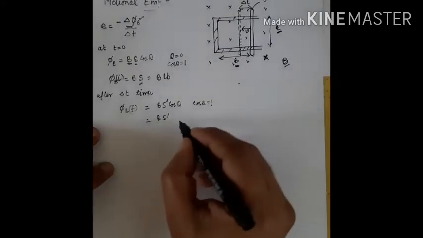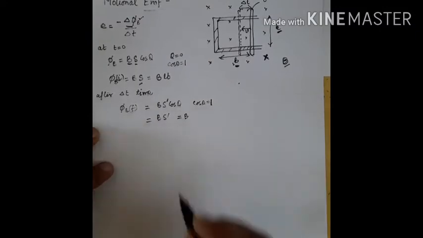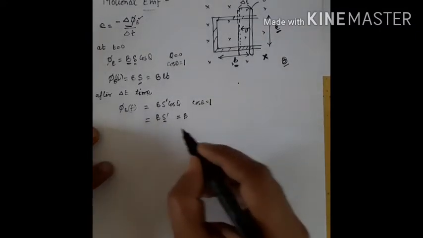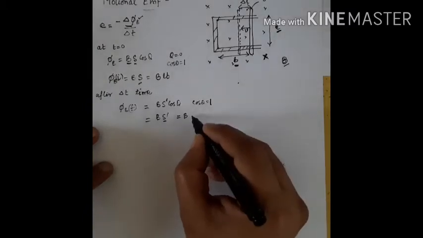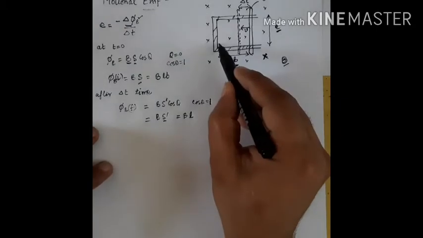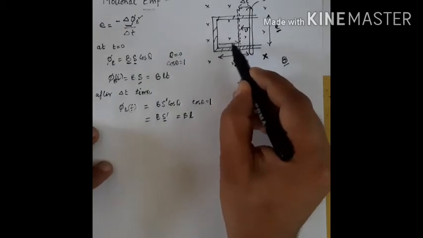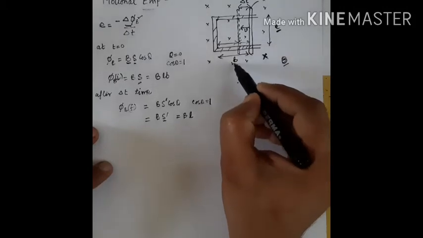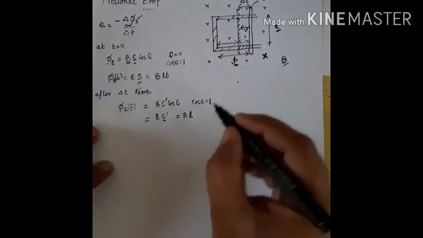Since B is uniform, it remains B. The surface area is length into breadth. The length is L, and the breadth here is this much. It has covered this distance delta x, so the total breadth is b minus delta x.